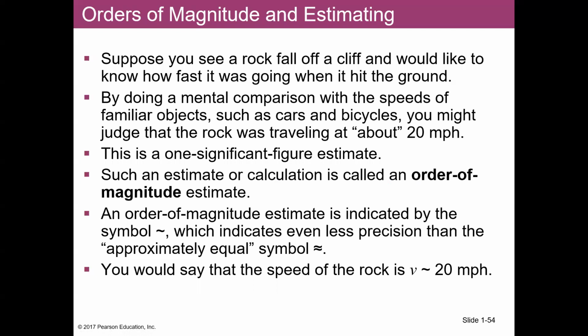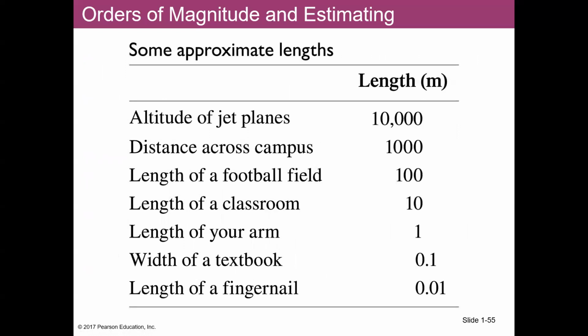The last topic from this section is order of magnitude estimates. These are critical when we are kind of estimating how big we want our final answers to be or what they should be. You do mental comparisons with speeds, but where do you get those mental comparisons? Well, that comes from experience.